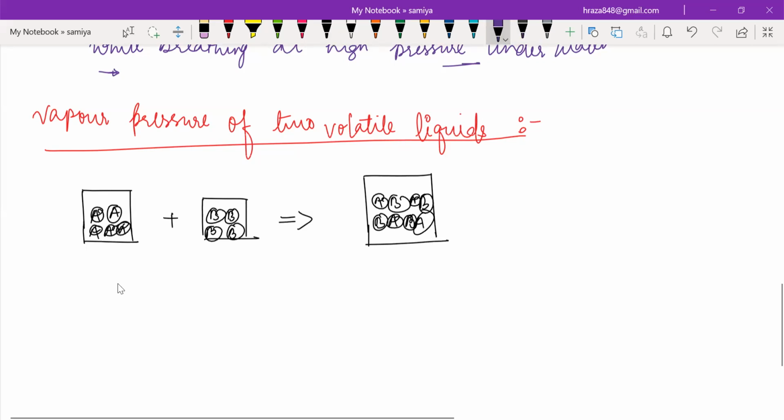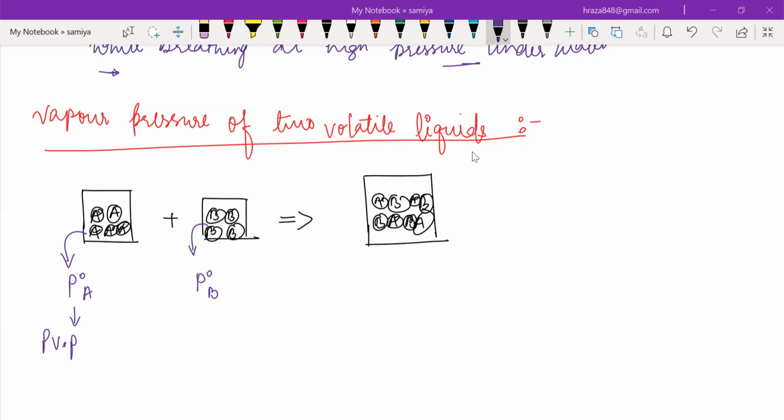Now you can see when A is pure, I'm going to denote it by P naught A. When B is pure, I'm going to denote it by P naught B. This P naught A represents pure vapor pressure. We can write, a volatile substance is the one which gives vapor pressure. Non-volatile is the one which does not have vapor pressure.